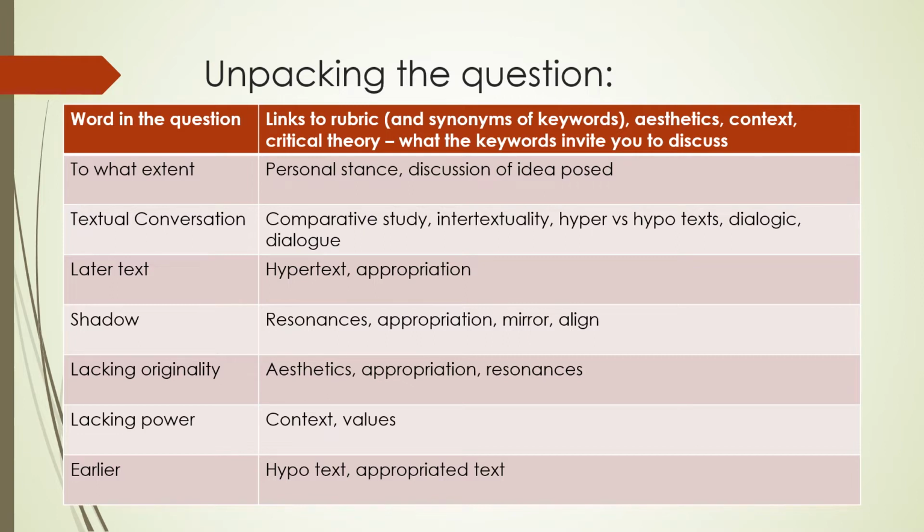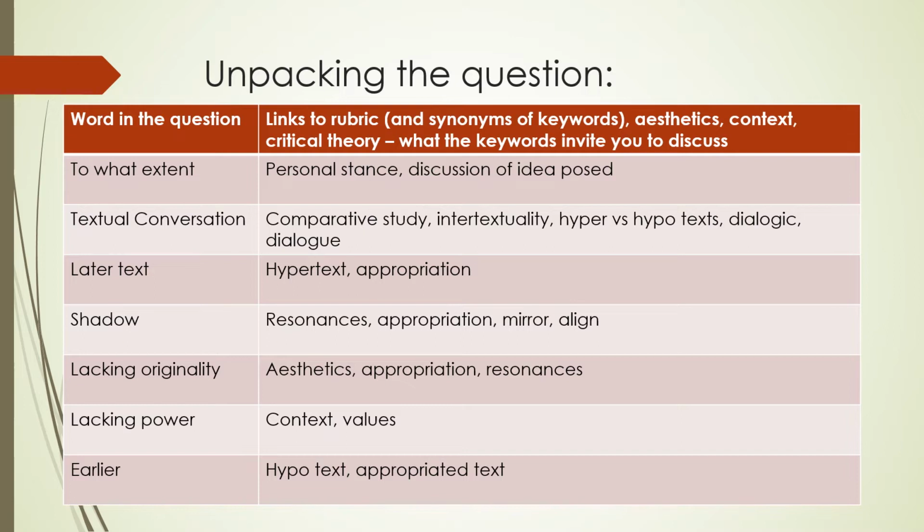So, to what extent? This really invites you to have your own personal stance and discussion of the idea posed. So remembering that a personal response to the question was something that was rewarded in the marking centre.